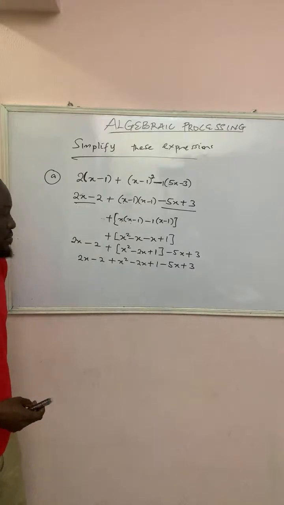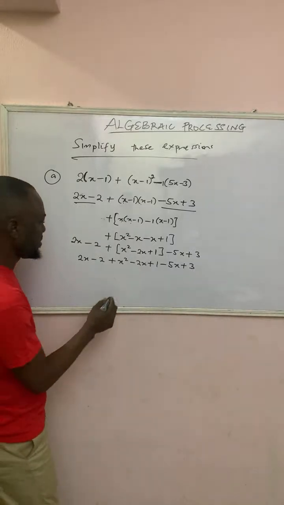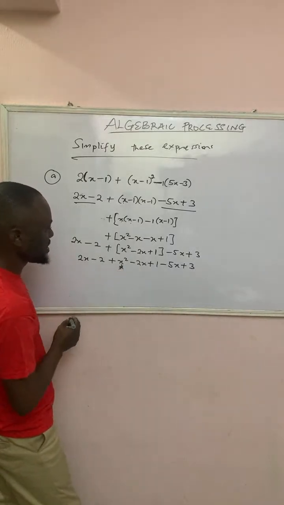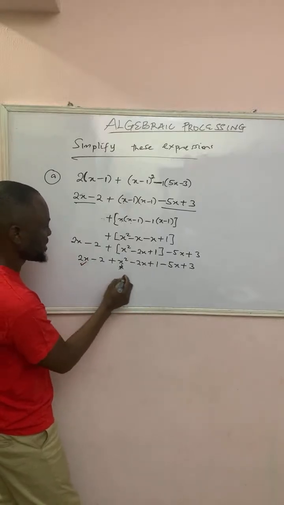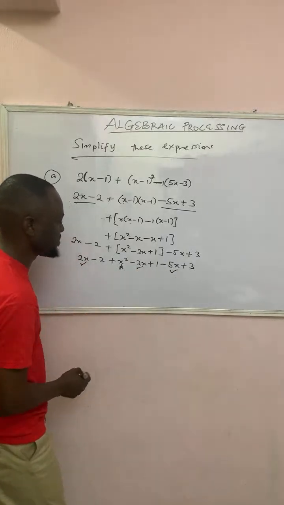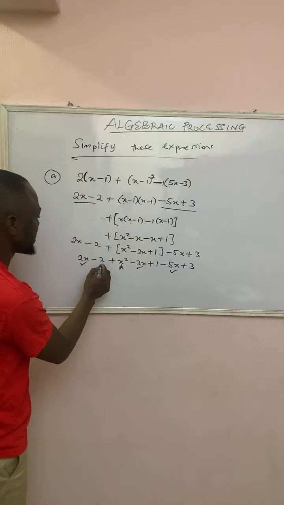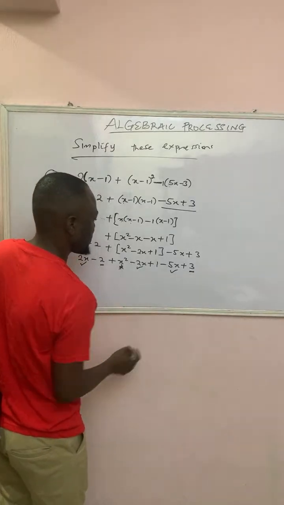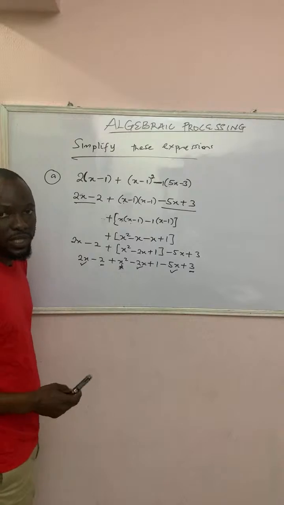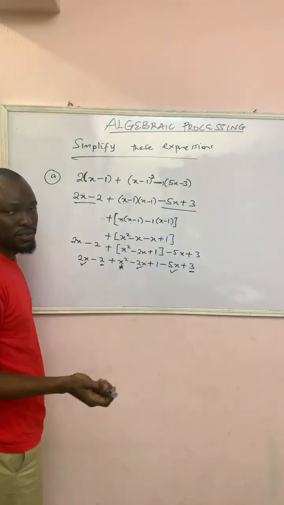Now if you look at the board, x squared is standing alone. These and these are like terms, whereas these and these are also like terms. So let me bring them in order of their decreasing power.